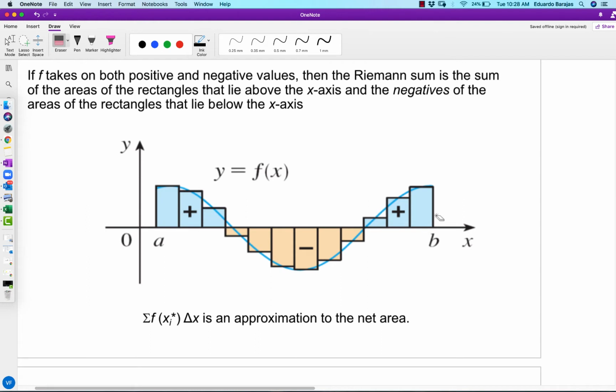So the positive ones are in blue, and the negative ones are in this gold color. So the sum of f of x sub i star delta x, so the sum of all those rectangles, is an approximation to the net area. So the net area is going to be to add up all the positives minus the negatives.